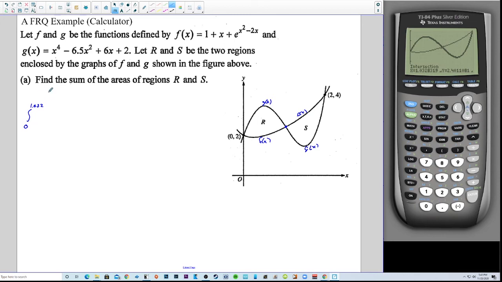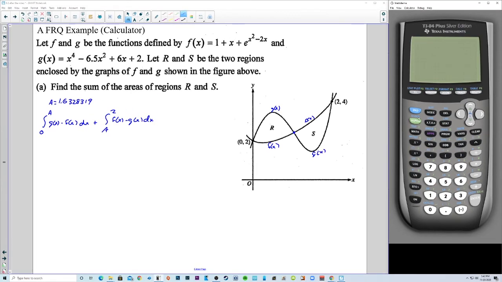And I've seen this before too on rubrics where they're going to say A is equal to 1.0328319, and they're going from 0 to a, and we're going to do g of x minus f of x dx, and then plus a to 2 of f of x minus g of x, and that's what we're going to have to do in the calculator right there.